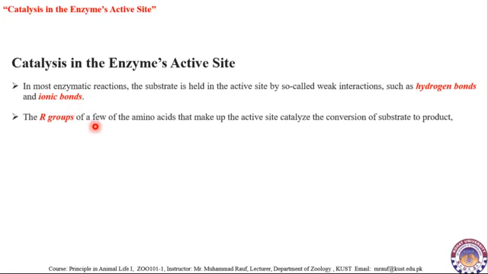The R groups of a few of the amino acids that make up the active site catalyze the conversion of substrate into product. I hope you know very well about the R groups. And the product departs from the active site.